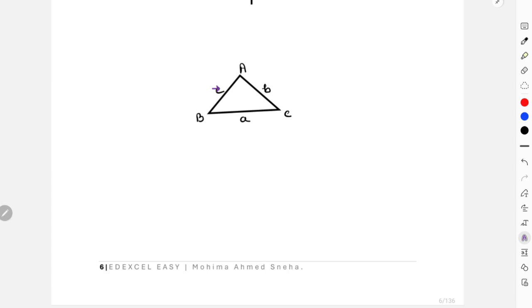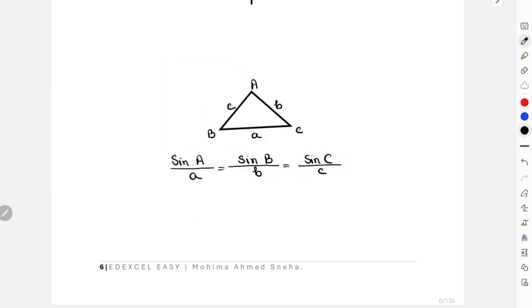That means angle C with side C, or angle A with side A, either of them should be given, because in the sine rule they all have the same ratio: sine angle B divided by side B, then sine angle C divided by side C, and sine angle A divided by side A. They all have the same ratio. So whenever you are going to find any angle, you just have to identify whether any other angle and its corresponding side has been provided to you. If they are provided, then you can use these formulas. So this is your sine rule format.